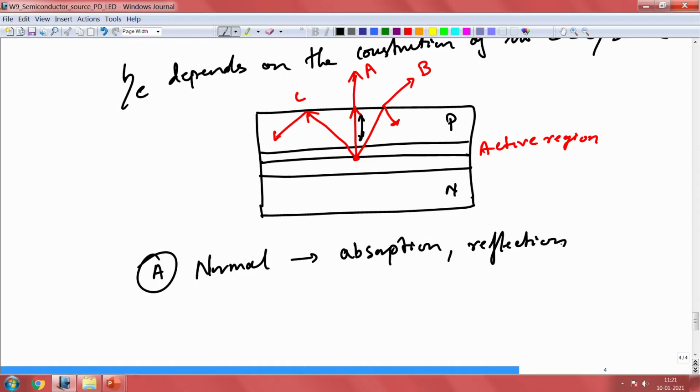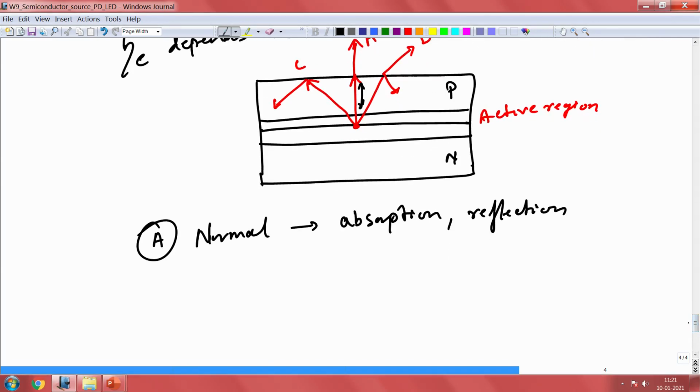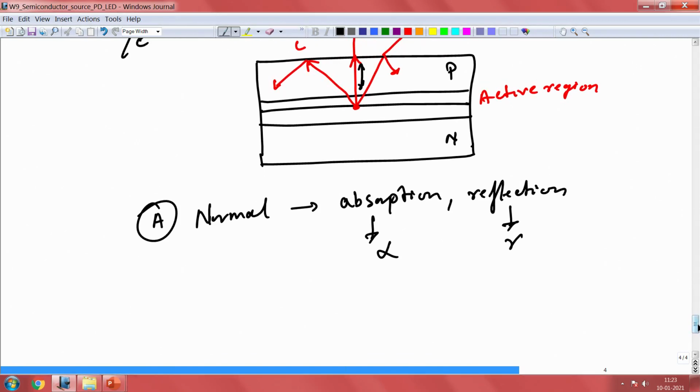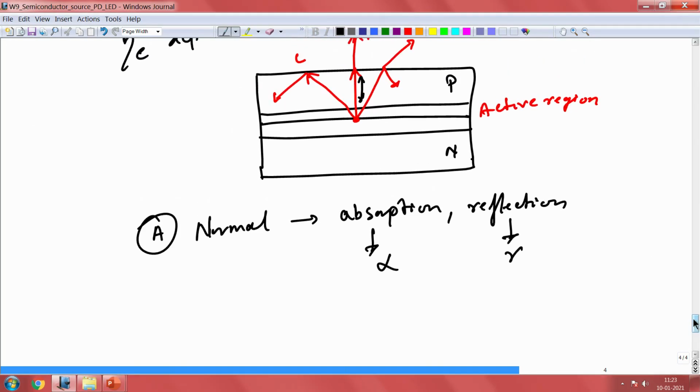These are the two things that could happen when you have light propagating through this system, particularly along A. Absorption is characterized by alpha, and reflection is given as a function of R. So, you would have absorption alpha and you would have reflection. Both will be present in the case of A. Let us say it is traveling a distance of L.